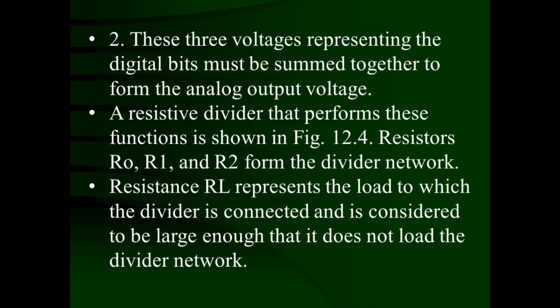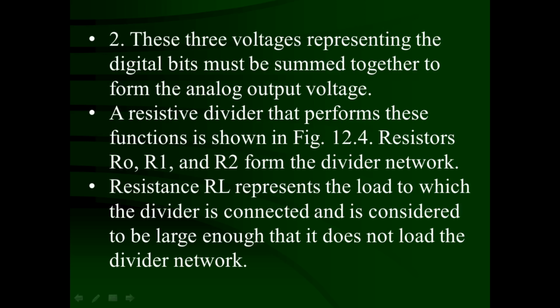Second, these three voltages representing the digital bits must be added or summed together to form the analog output voltage. So the n-bit digital voltage levels should be converted to the equivalent analog output voltage.